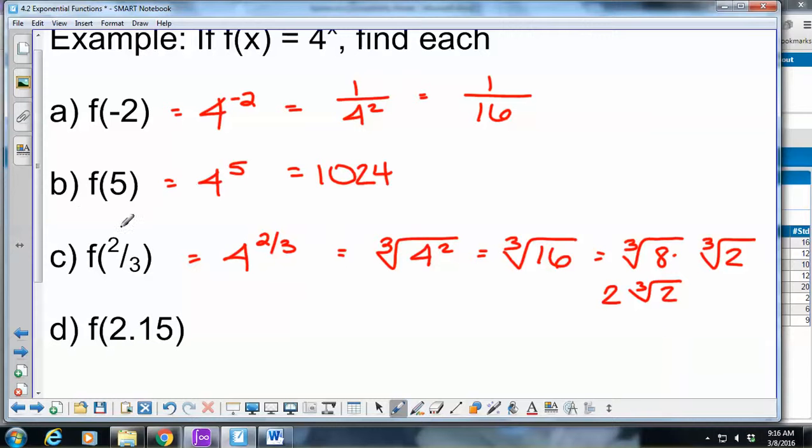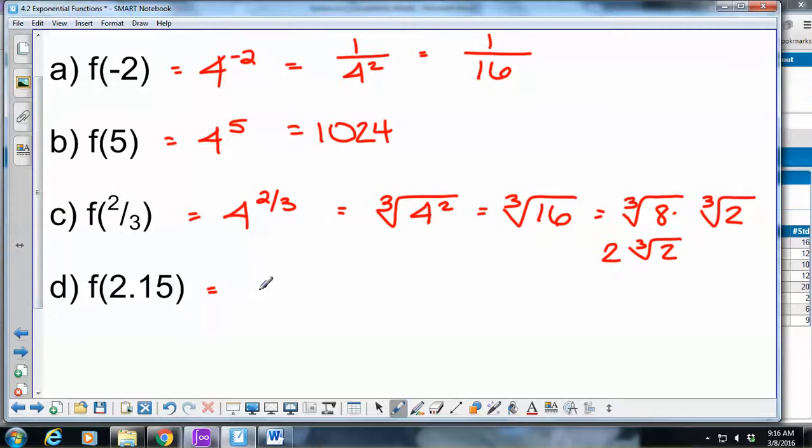Okay, D. f of 2.15. So if I say 4 to the 2.15 power, can we evaluate that one in our heads? No. The rest of these we could work through and simplify. Decimals, we can't so much. So go ahead and type that one in your calculator. 4 to the 2.15.